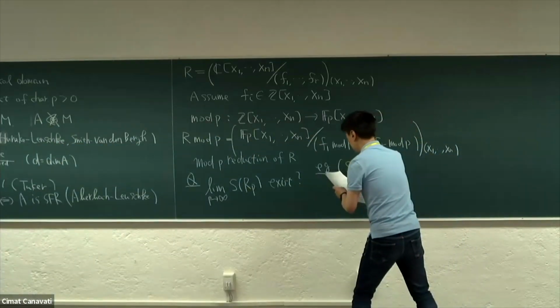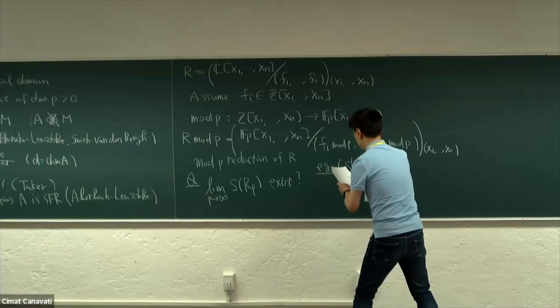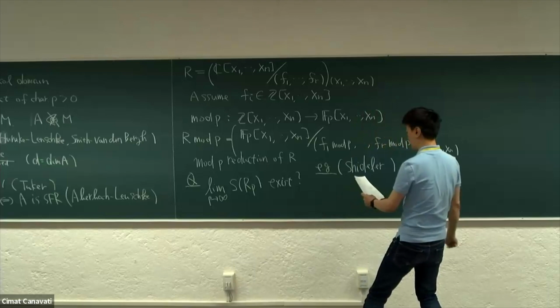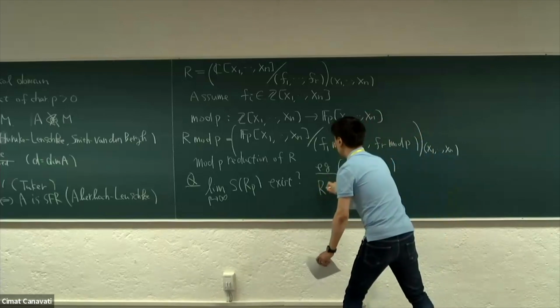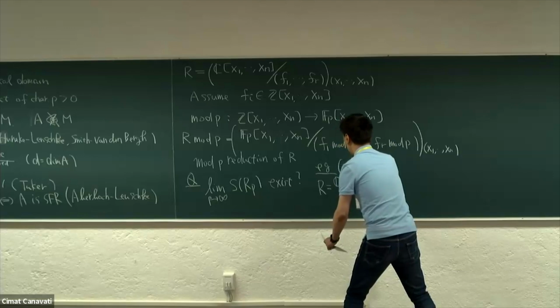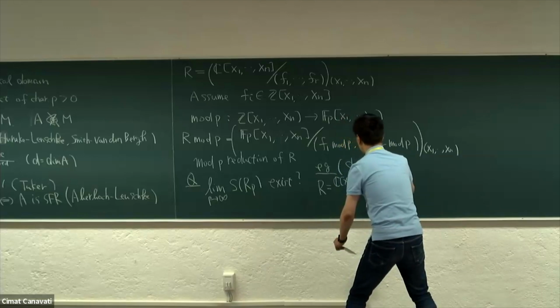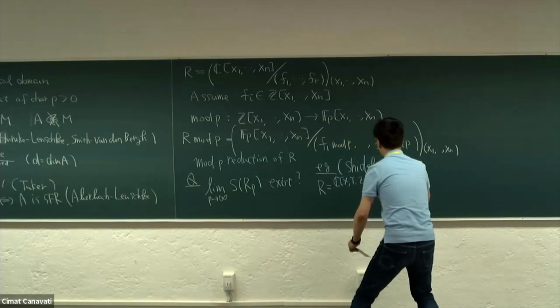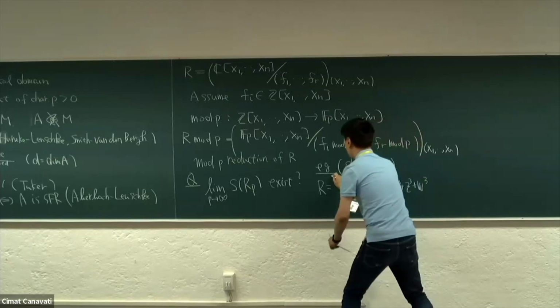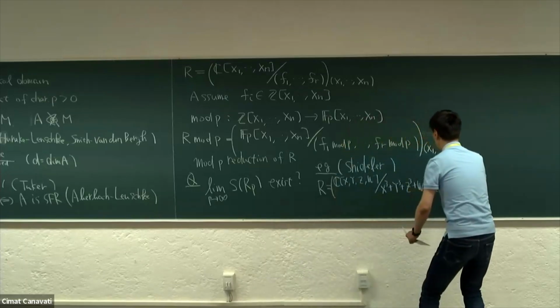This example is due to Shimomoto. R is defined by x cubed plus y cubed plus z cubed plus w cubed, and again I take localization.